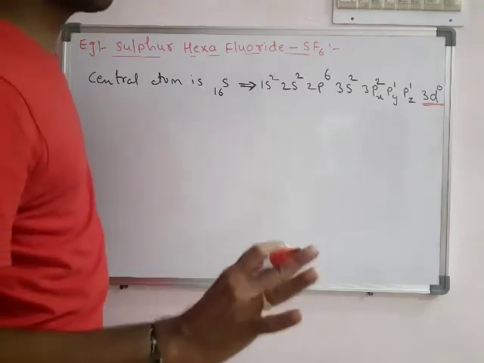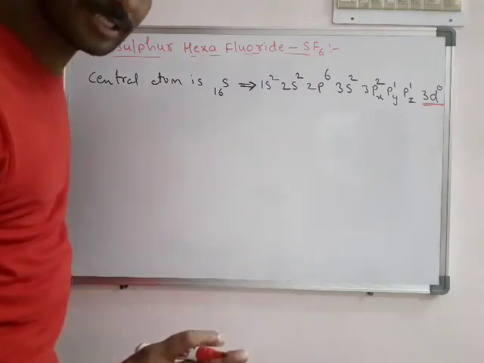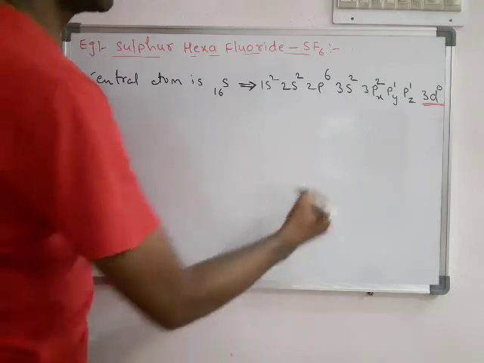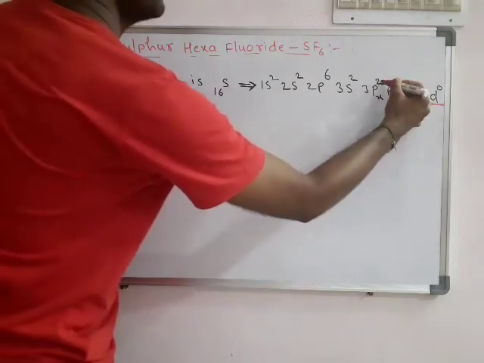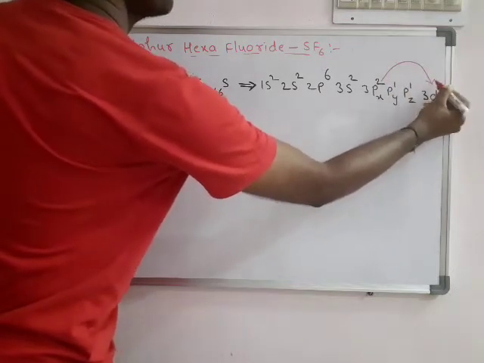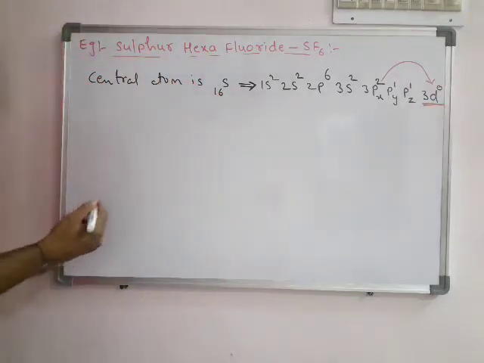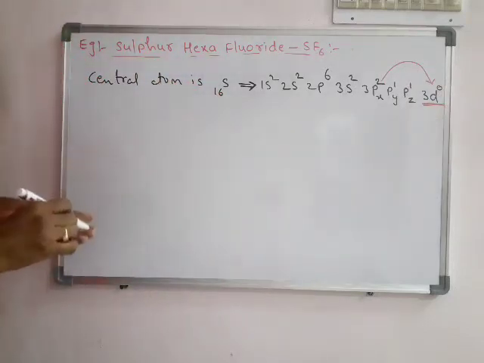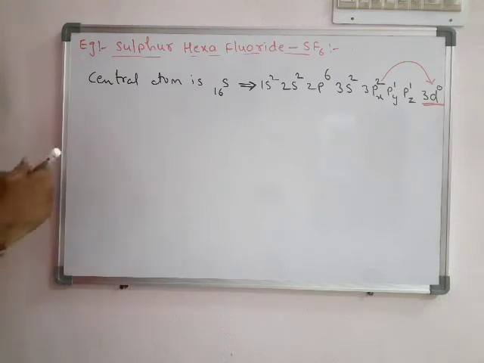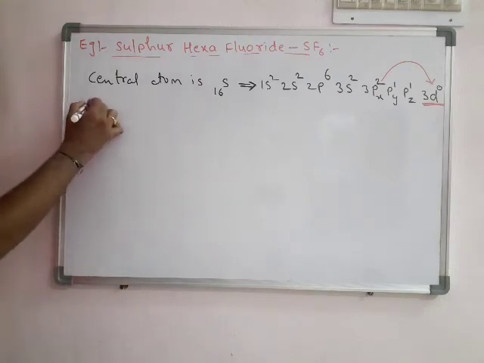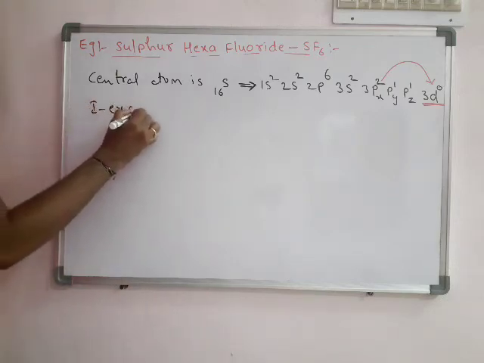In 3d there are 5 boxes, and each box is treated as an orbital. At first a 3p electron shifts to 3d. That is treated as the excited state. Only one electron transferred, that is called the first excited state.